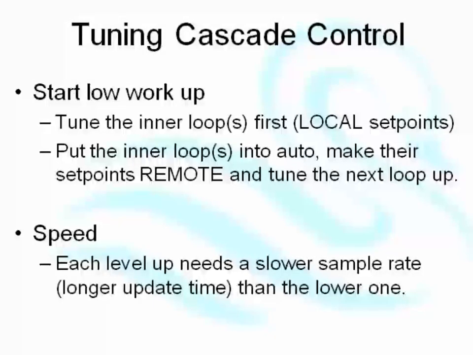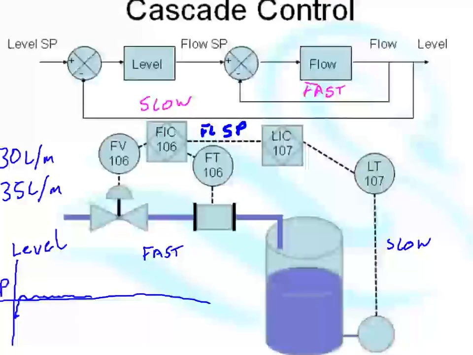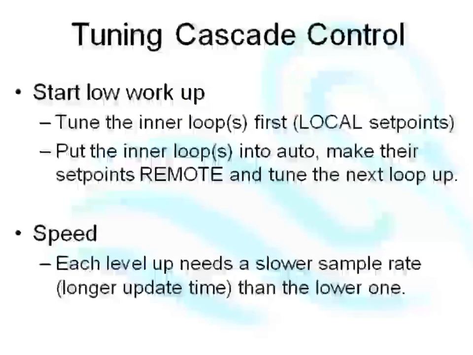When you're doing this tuning, you must ensure that the inner loop is always running faster than the outer loop. So, just pop back to here for a second, here the inner loop must be a fast loop, and it must be running fast. The outer loop must be slower, and it must be running slower.